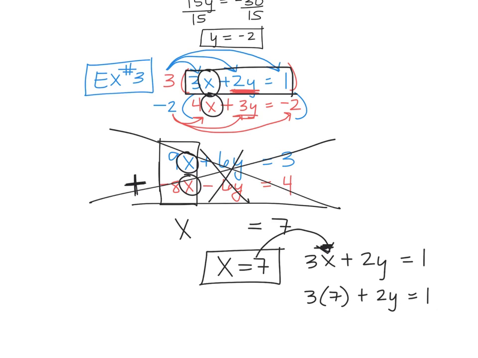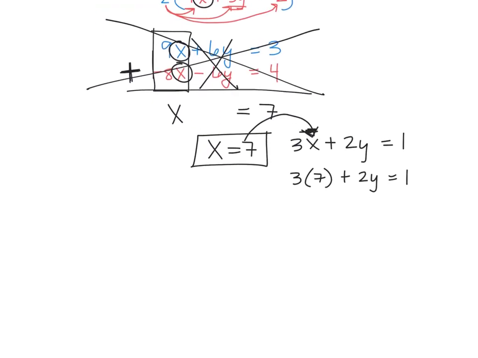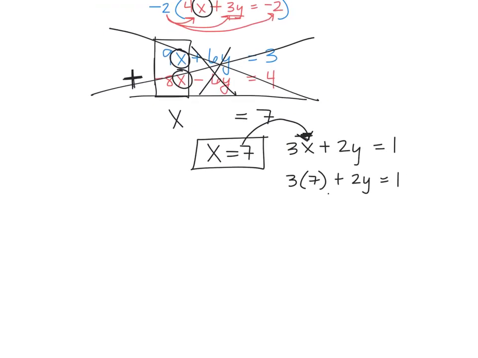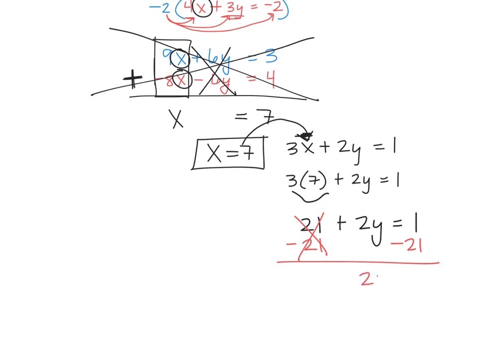So 3 times 7 plus 2 times y equals 1. Okay, then we simplify that. This is 21 plus 2y equals 1. What do you do next? Subtract the 21. Okay, so this is 0. You get 2y. 1 minus 21 is a negative 20.